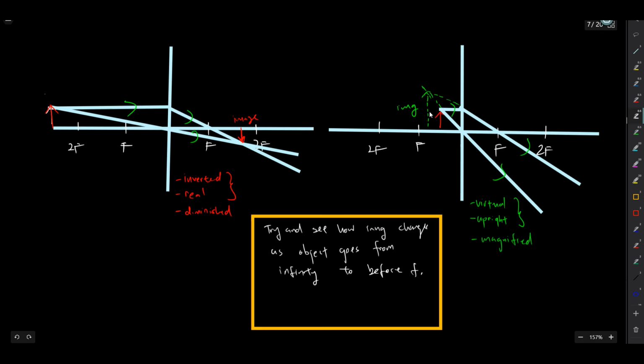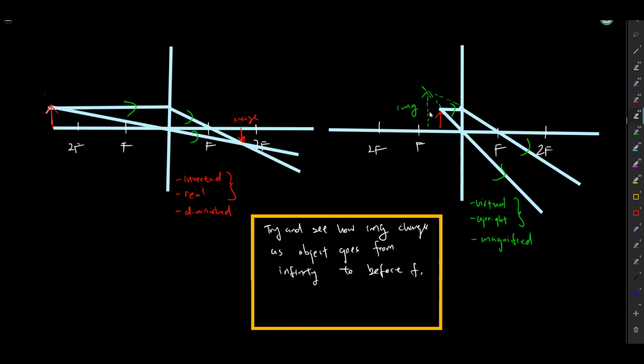So try and see how the image changes as the object goes from infinity to before F. Later on in the simulation you'll be able to shift the object from this position all the way to before here. In fact, you can shift it even to F, it's okay. Then you can shift it to beyond F, then you'll be able to see.